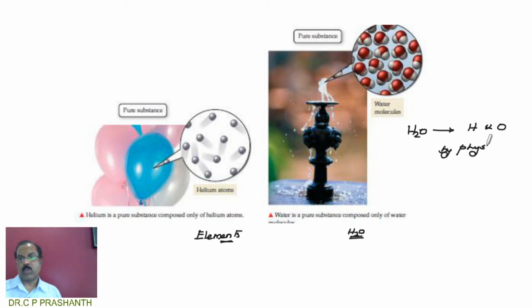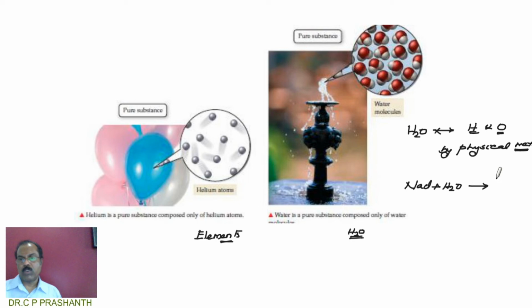So water cannot be converted into hydrogen and oxygen by physical means. But if you consider the mixture of sodium chloride and water, we can separate them easily by evaporation, which is a physical process.